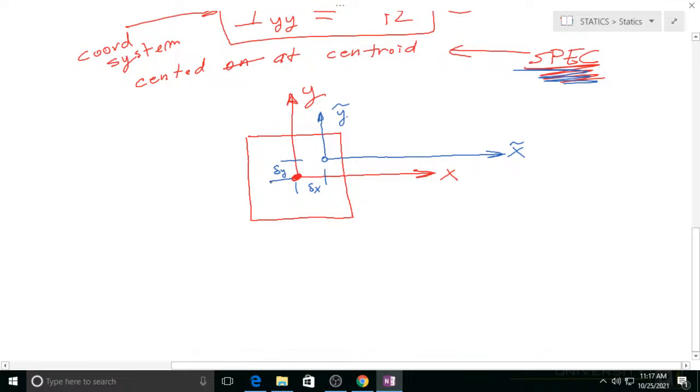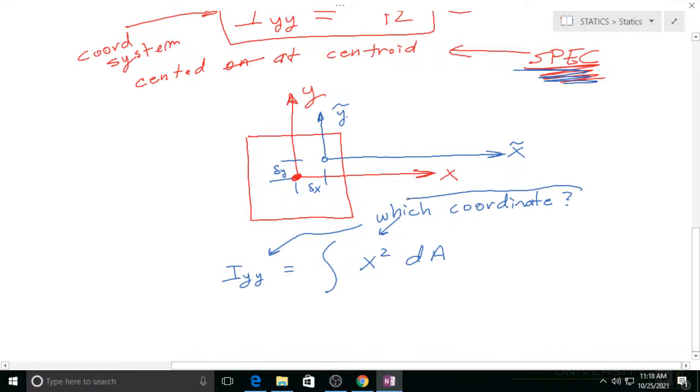So there's a unique thing here in that if I were to integrate the area and I were to do it with this particular one, then you might ask the question, which coordinate do I use?